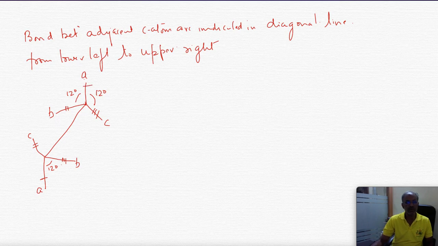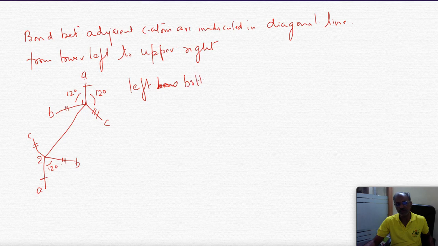So this is the first carbon atom and this is the second carbon atom, right? Now, the left bottom carbon atom indicates that the carbon atom is nearer to the observer. Bottom left, it is towards the observer. Left bottom is this.